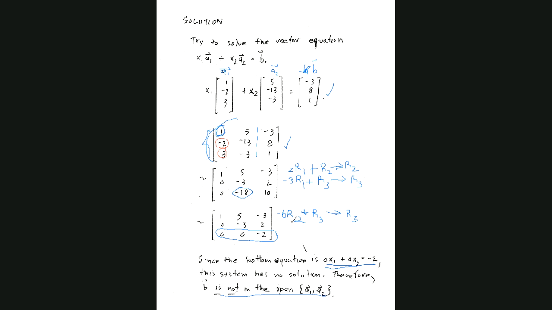So the span of those two vectors would geometrically be a plane. But Michael's right. The vector B lies outside of the plane.